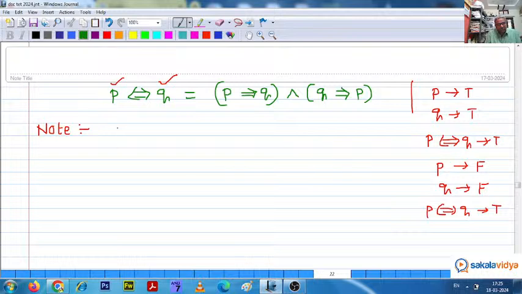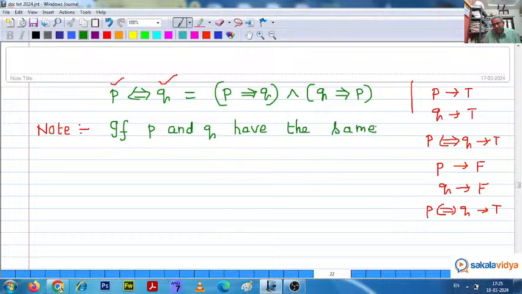Let us prepare the truth table now. Simply, if P and Q have the same truth value, then P if Q is true.